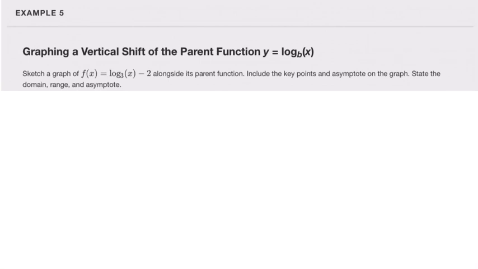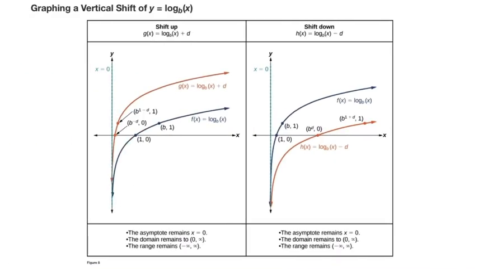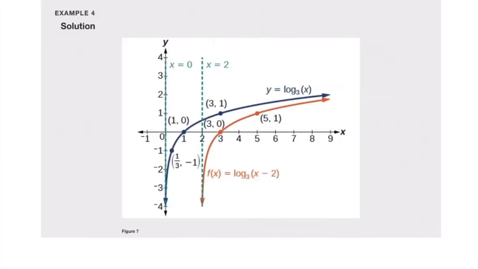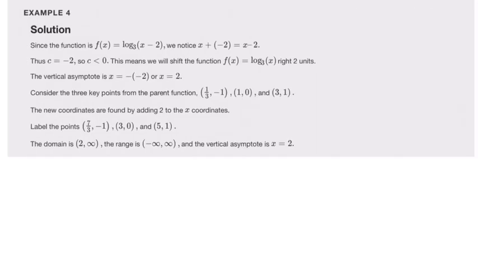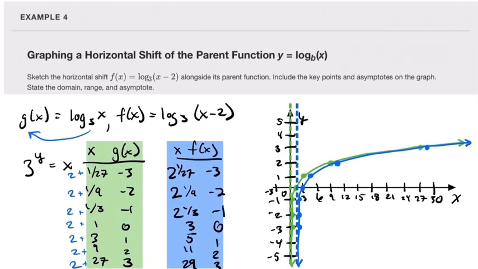So again, we're going to let g of x be our parent function, which is just log base 3 of x. Now I wonder if we can just copy. We can honestly copy what we had before and just make some changes. Did they say the domain and range here? I'm just going to get a copy of this.